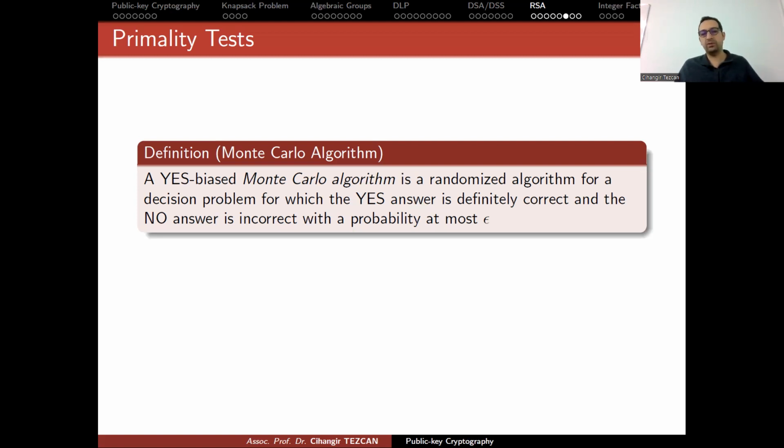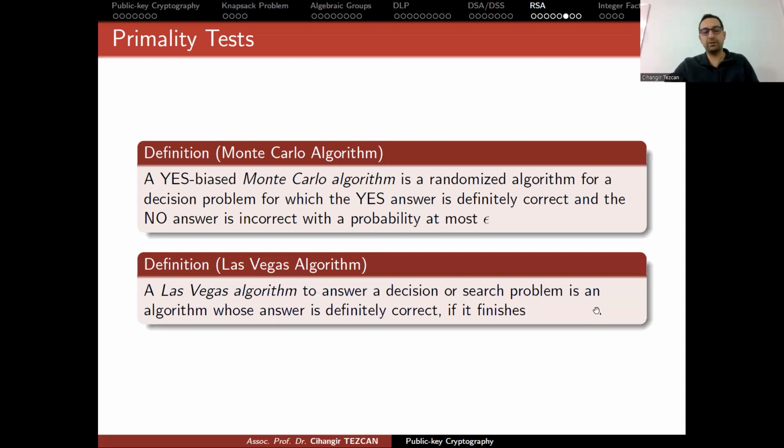But when the output is no, it may be yes or no with some probability. There's also another type, Las Vegas algorithms. A Las Vegas algorithm for a decision or search problem is an algorithm whose answer is definitely correct if it finishes, because it may not finish at all. You run the algorithm, you wait, but until you die, you don't hear anything from it again.